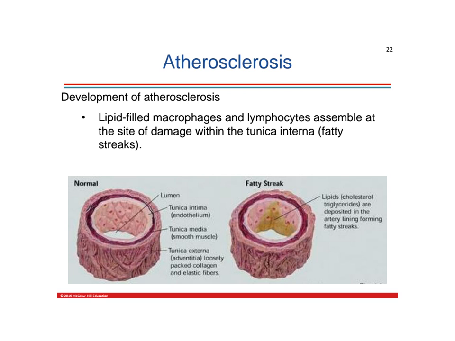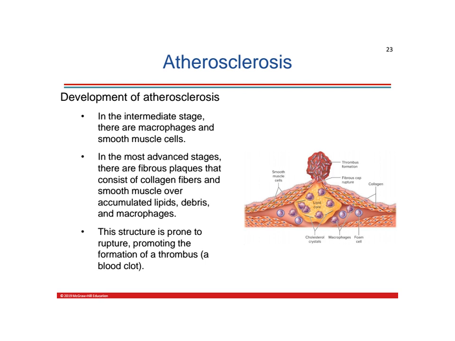In the beginning, the first step towards atherosclerosis is the presence of fatty streaks. As shown here, these are lipid-filled macrophages and lymphocytes that are assembled at a site of damage within the tunica interna. At the intermediate stage, there's going to be a buildup of macrophages and smooth muscle.